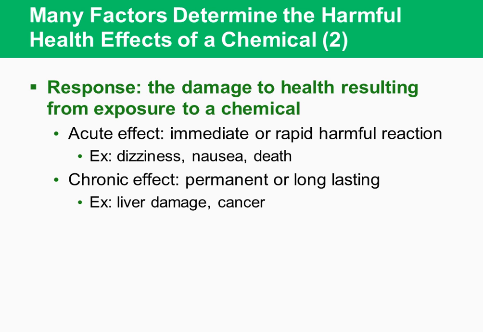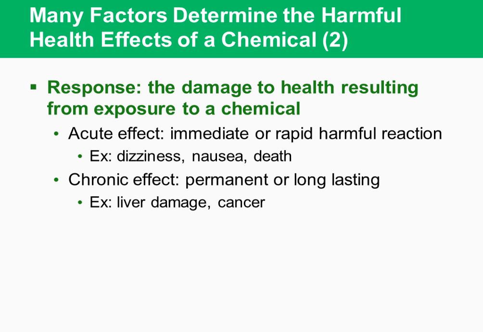So first we talk about dose, now we talk about response, and it's what we call the dose response, sort of like cause and effect. Response is the damage that results from the exposure to a chemical. And we can talk about it in two terms: acute effect, an immediate, rapid, harmful reaction, and chronic, permanent or long-lasting. Now, an acute effect could be small, like just dizziness or nausea, or it could be fatal, like death.